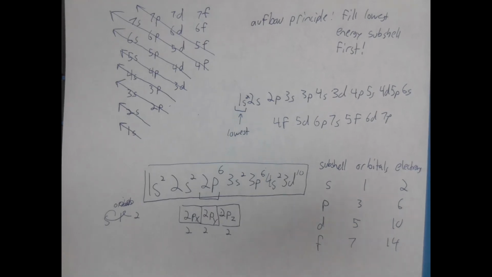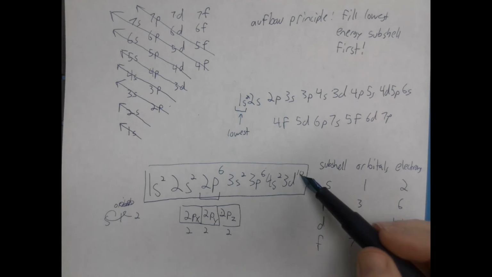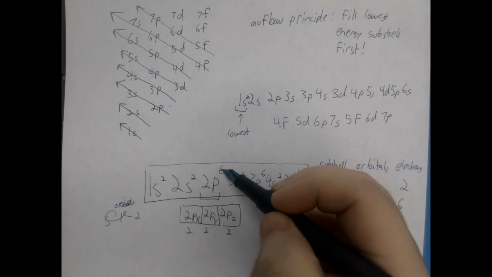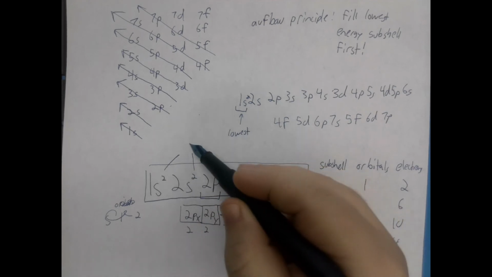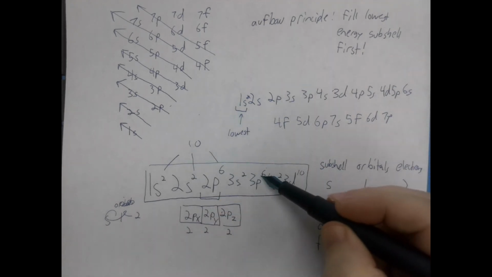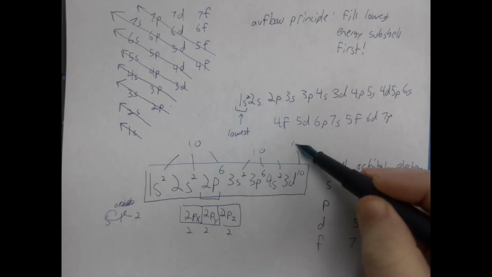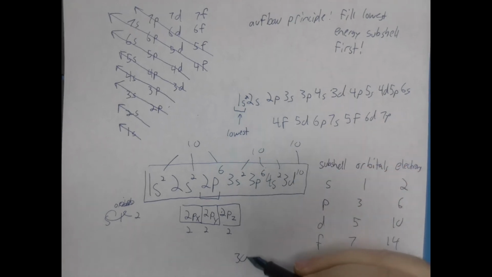And to figure out what electron configuration this is, we have 2 plus 2 plus 6, that's 10, 2 plus 2 plus 2, 10, and then another 10. So there are 30 electrons.